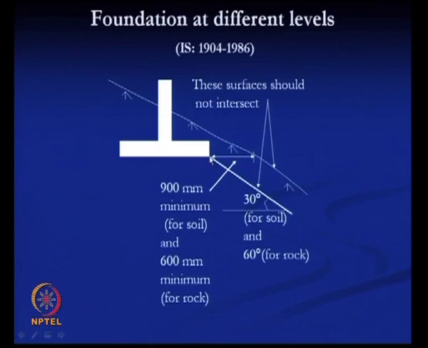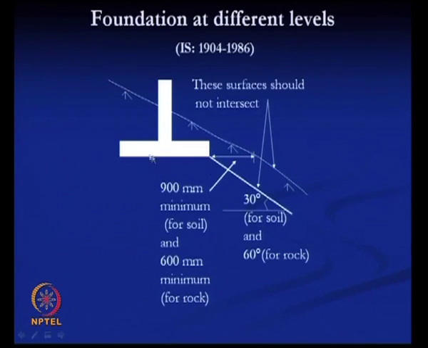So, one condition is that from the edge of this foundation, if we draw a particular line which intersects the edge of this slope, this minimum distance we have to provide is 900 millimeter for soil and 600 millimeter for rock.